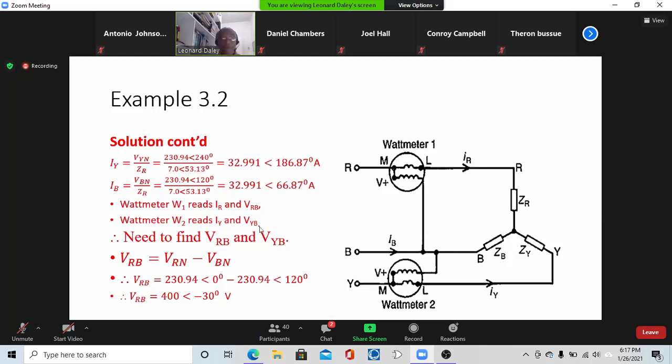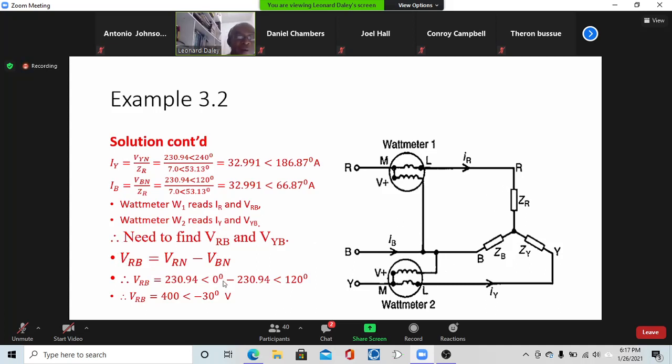We hadn't found any line voltage before, but we now need to find them since the wattmeters are reading those. VYB for wattmeter 2 and VRB for wattmeter 1. So VRB would be equal to VRN minus VBN. Remember?